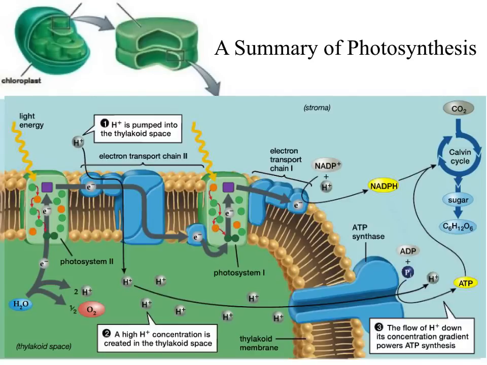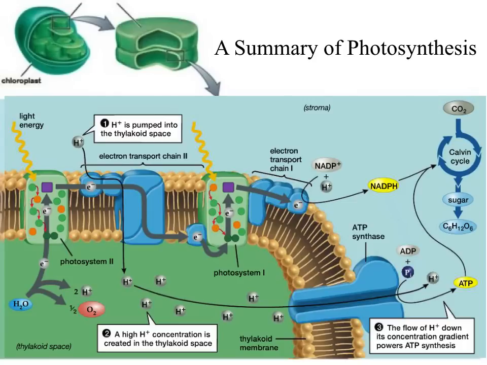Well, why would the plant spend all kinds of energy pumping hydrogens into the thylakoid space? The answer is because now those hydrogens are going to leave the thylakoid, but they're going to leave through a very specific protein called ATP synthase.